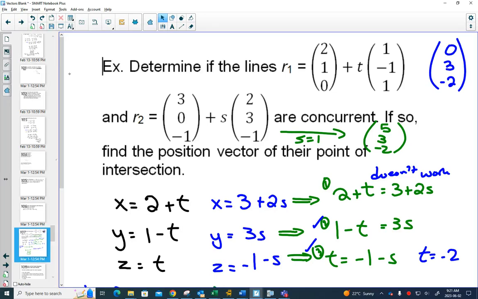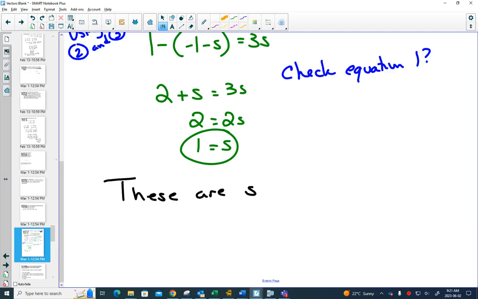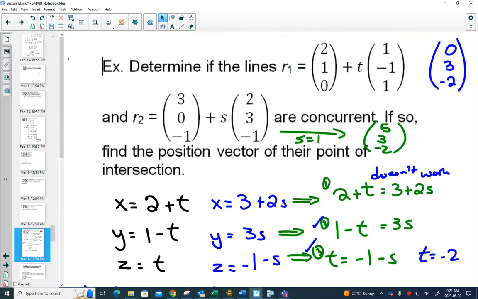They were so close, I got two parts of the coordinates to be the same, but not the third one. These lines are skew lines. Right? They're not parallel because we can't just multiply this one by 2 and get this one. But they don't intersect.